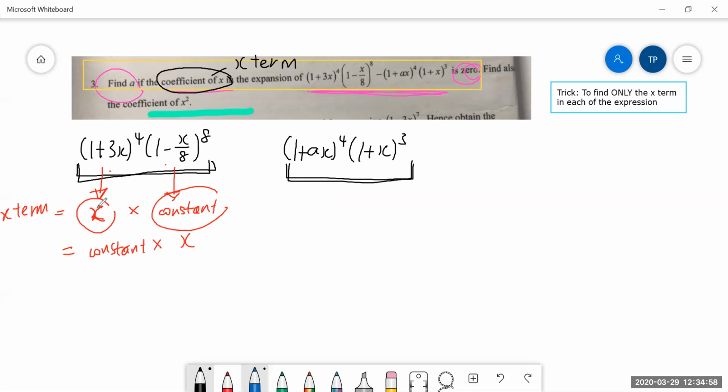Because x term multiplied by constant term will give you x term, and the constant term multiplied by x term will also give you x term. Make sense? That's why the trick was to only find the x term in each expression.